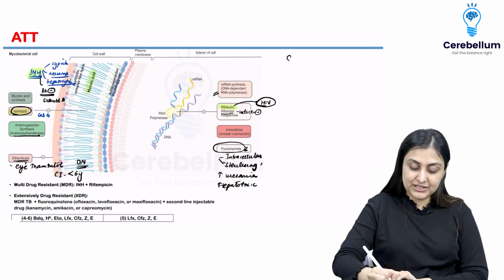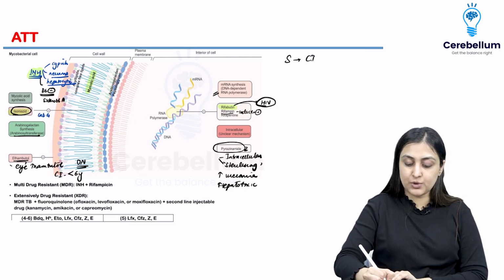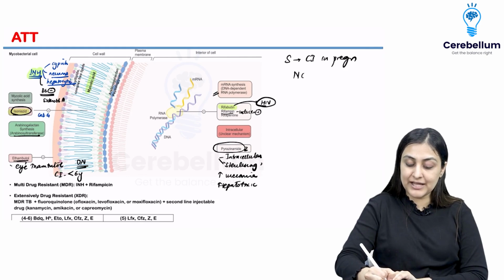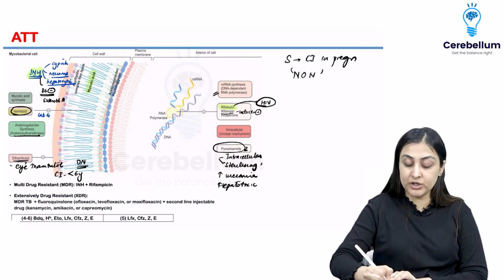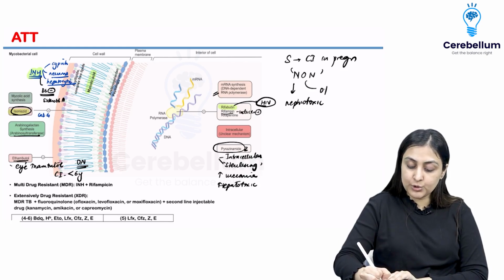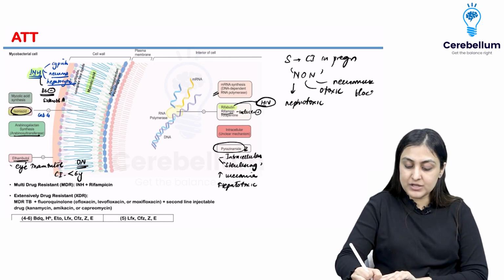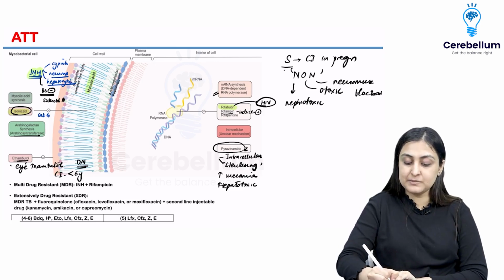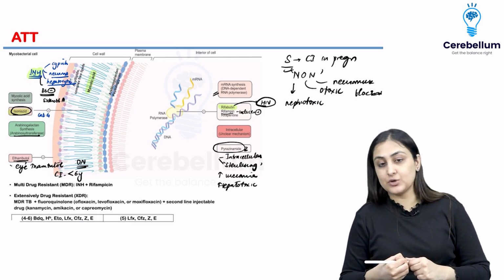We also know the injectable streptomycin. This is contraindicated in pregnancy, and you should remember all aminoglycosides have the side effects. These are all nephrotoxic, these are all ototoxic, and they also cause neuromuscular blockade. So remember, these side effects are for not just streptomycin but all aminoglycosides.